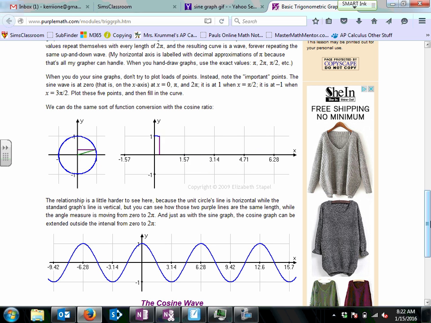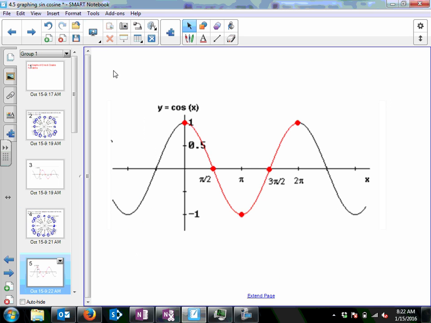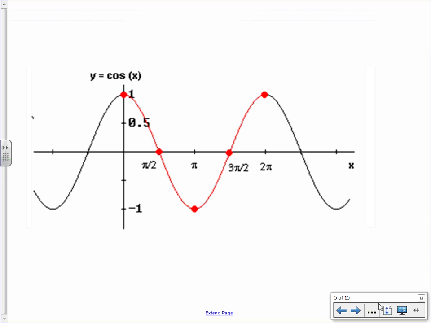You see all of these waves. They go on forever in both directions. We're only going to focus on a chunk of the graph at a time, and I'll tell you what that chunk is going to be called. But here is the parent graph. This is what cosine looks like. The red part of the graph is what I want you to copy down.